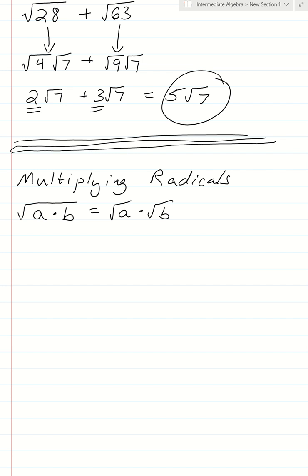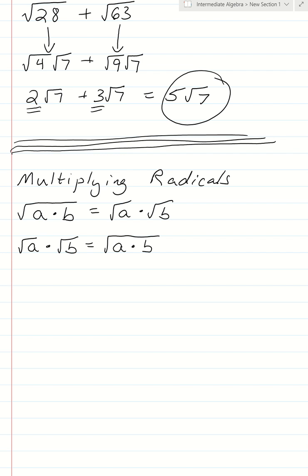This property involving multiplication says we can distribute a radical over multiplication. And if this is true, then the opposite is also true: if I have the square root of a times the square root of b, that of course gives us the square root of a times b.